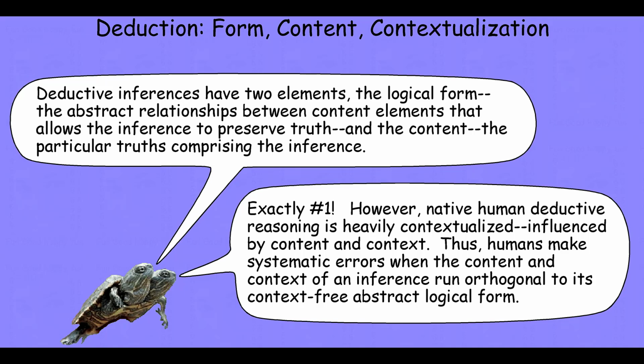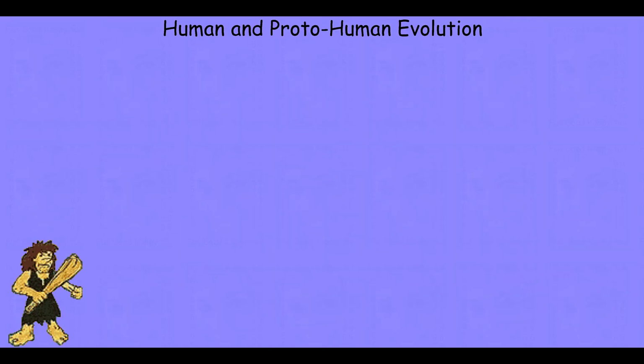Indeed, it's this bifurcation of good deductive inference between form and content that we see emerge as a potential difficulty for System 1 intuitive deductive inferences during that period of 4.4 to 7 million years of human and proto-human evolution.